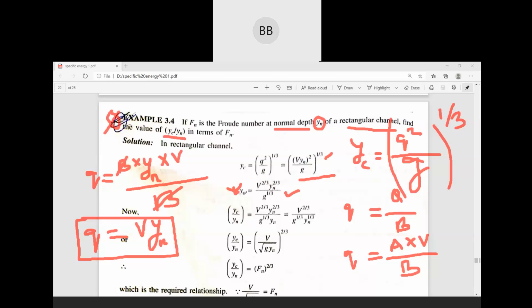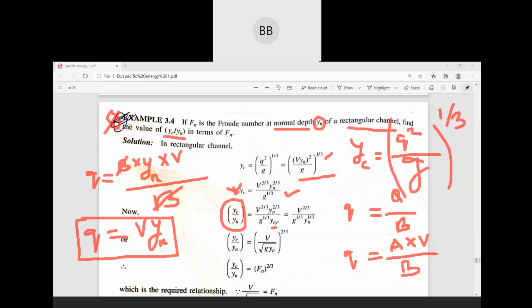So we divide both the left hand side and right hand side by Yn. On the left hand side we get the ratio of critical depth divided by normal depth.